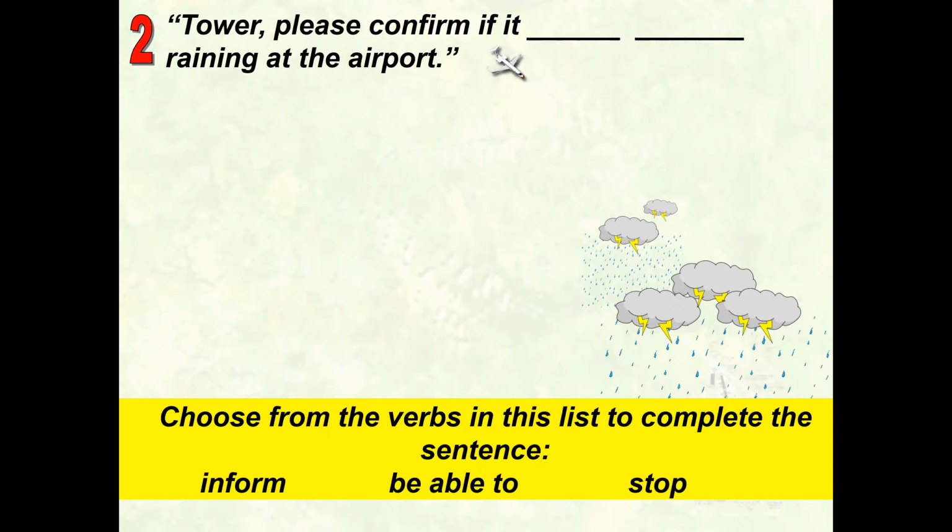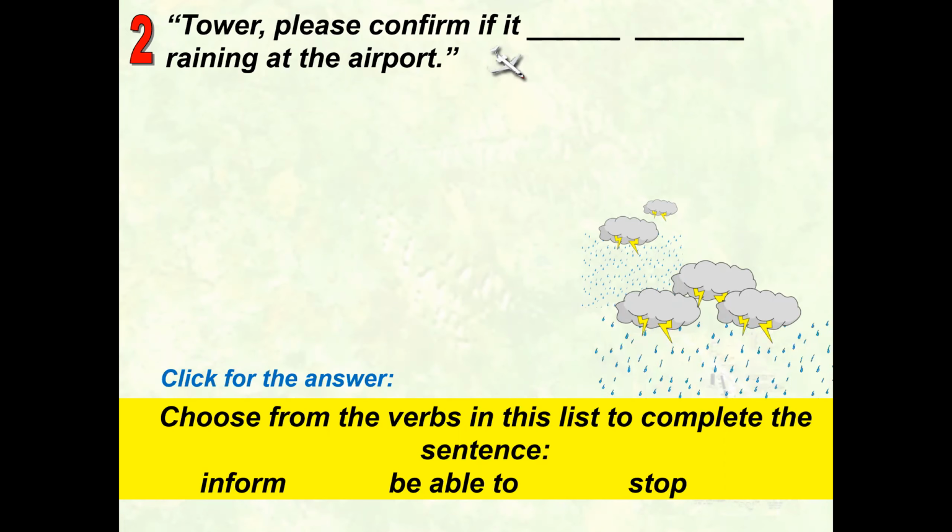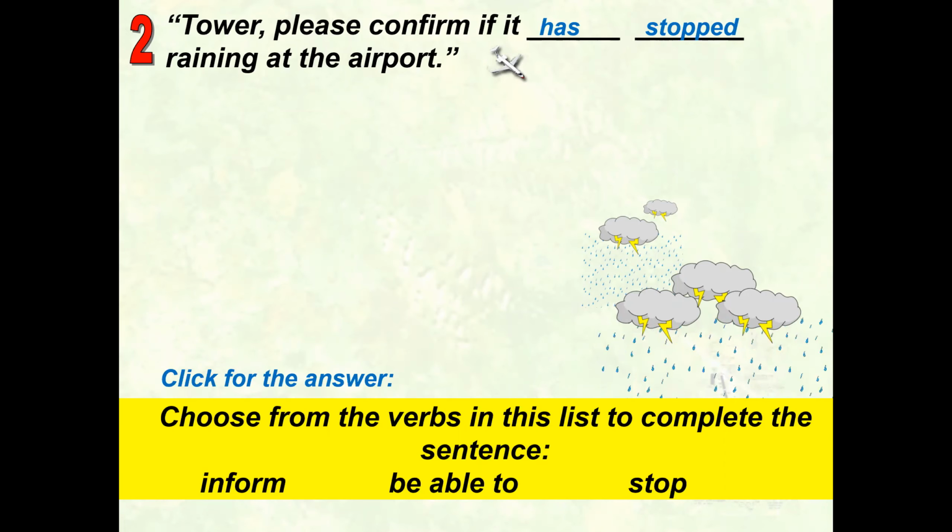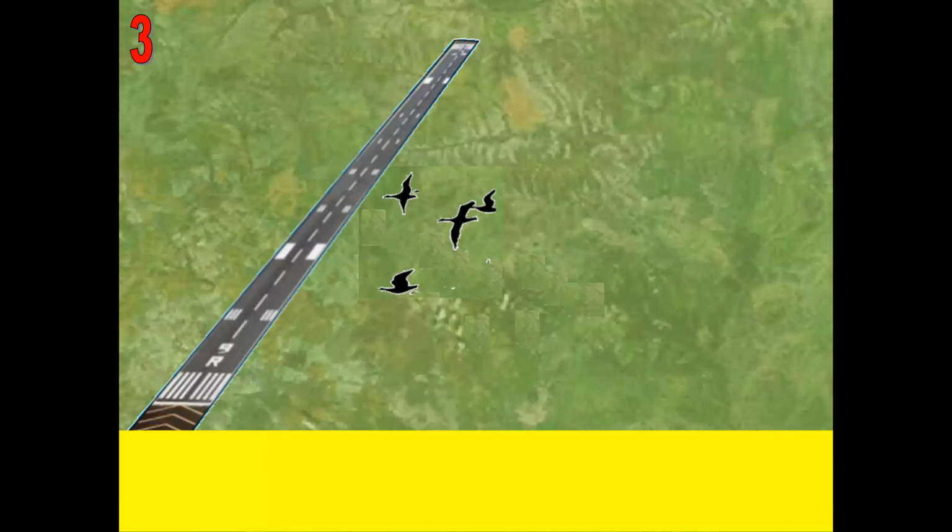Yes. Sorry. Tower, please confirm if it has stopped raining at the airport. Yeah, has stopped. Perfect. Again, you might say, what is the status? Is it raining? But if you use this, it would be like, it stopped, or confirm that it has stopped.